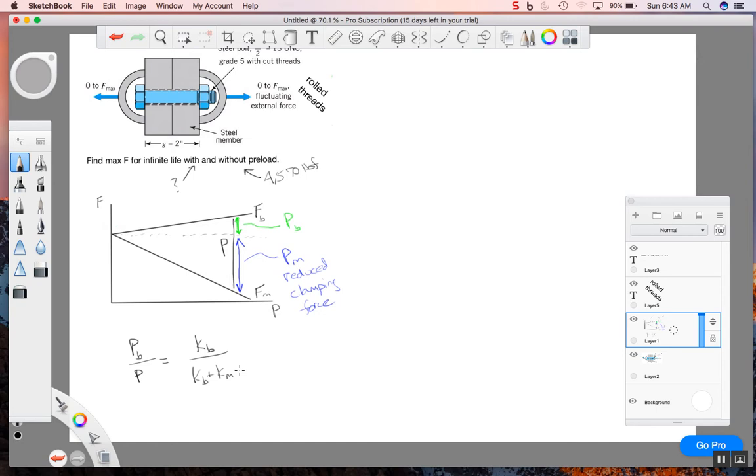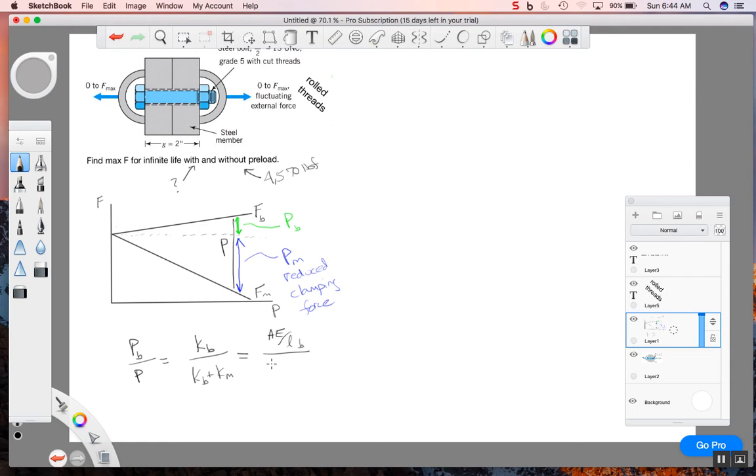But we know that the stiffness is related to AE over L, right? We've done a problem like that in class. So the bigger the bolt, the stiffer the bolt. The longer it is, the stretchier it gets. So that's for the bolt.